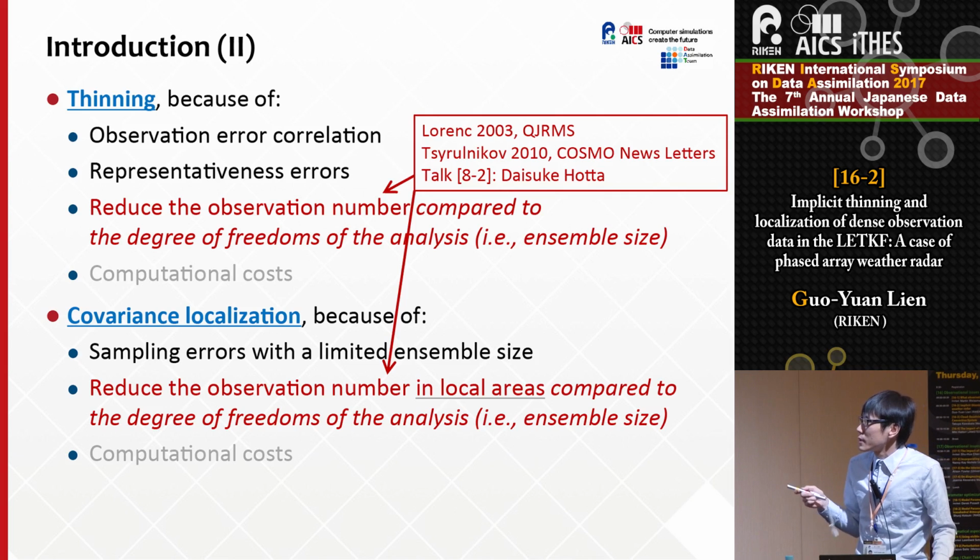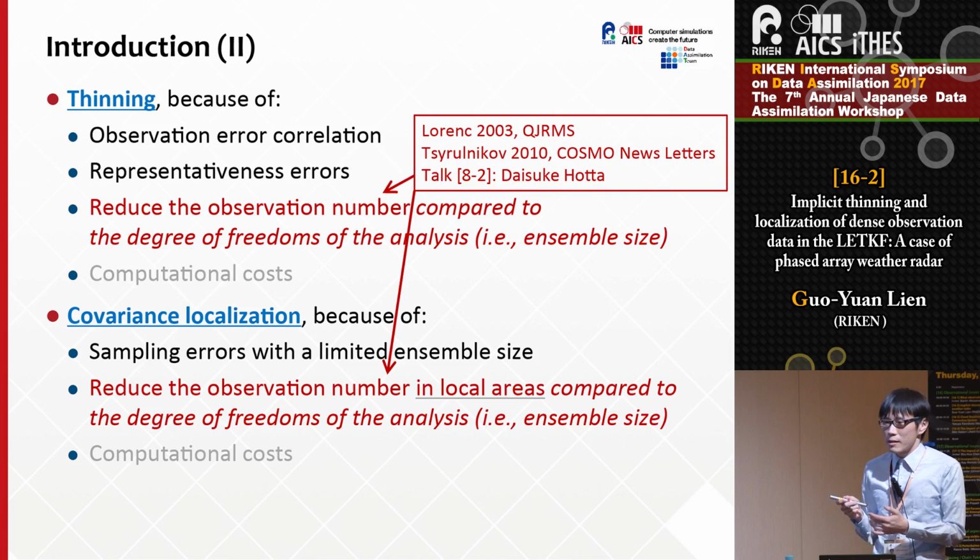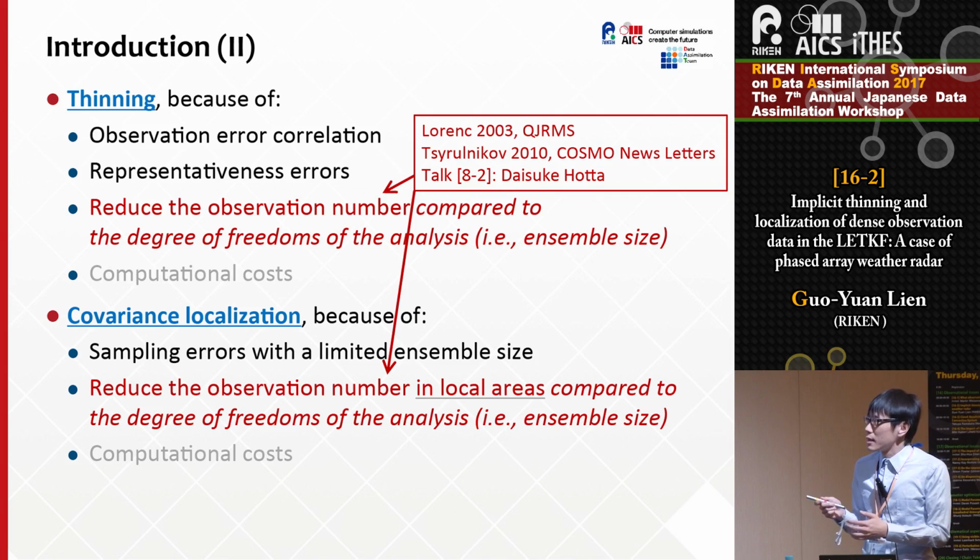It is concluded that if we use the ensemble Kalman filter method and assimilate too many observations compared to your ensemble size, there are some bad effects: you will get too smooth an analysis field, and also too small an ensemble spread, which is not good for data assimilation.